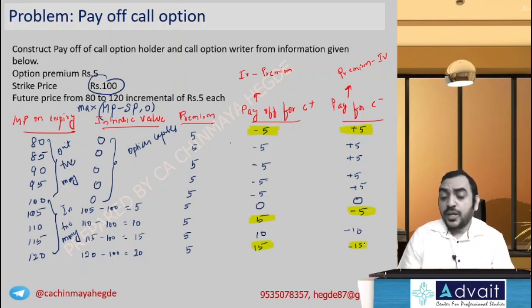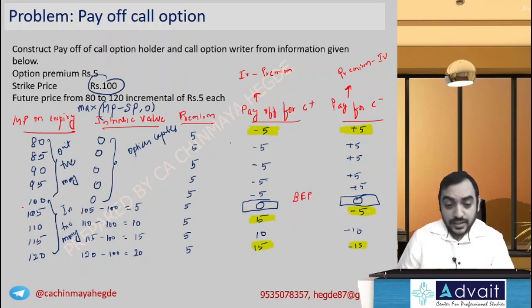Okay, so with this table now, we can understand a few more things. What is this situation called, where you get zero payoff? Any idea? Zero profit, zero loss. That's called the break-even point.